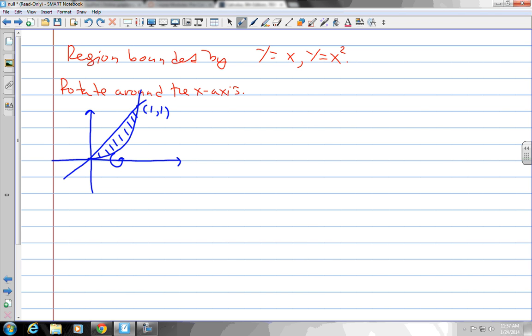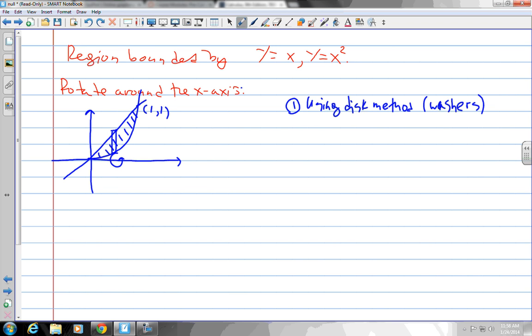Okay? So first, let's use the disk method, or washers, because again, you get a disk with a hole in the middle. Remember how we did that one. We're rotating around the x, so this is the way we view our slices.